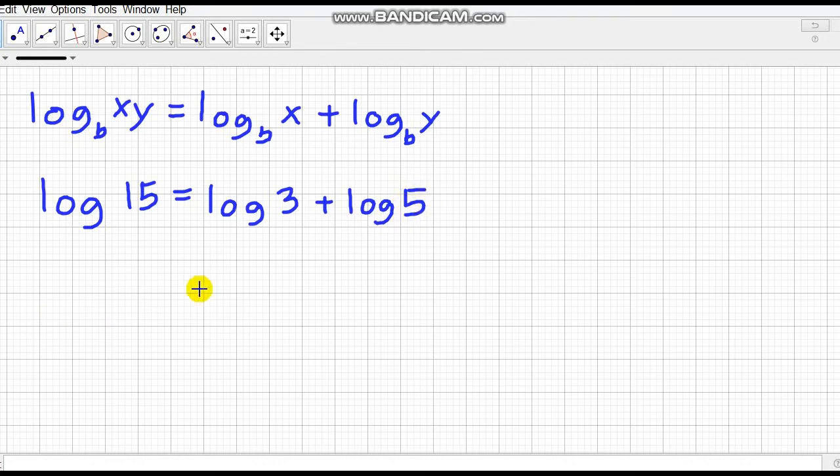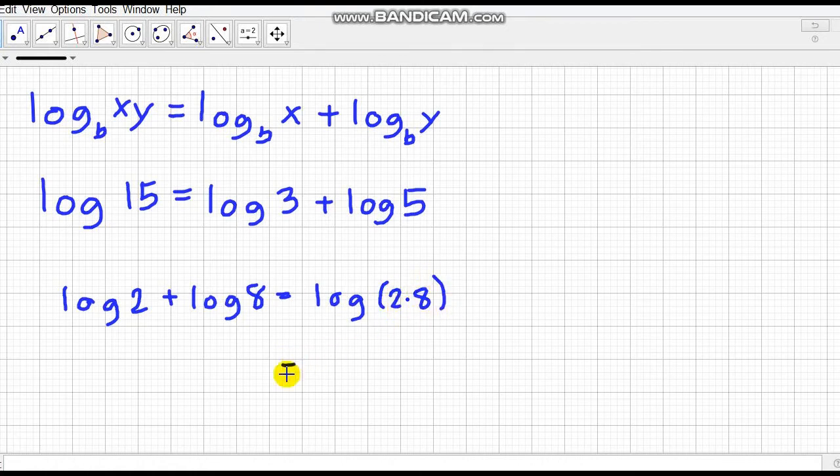In the same manner, if we have the expression log of 2 plus log of 8, we can combine these two together. It will become log of 2 times 8, which is equal to log of 16. So that's the first law of logarithm, the logarithm of a product.